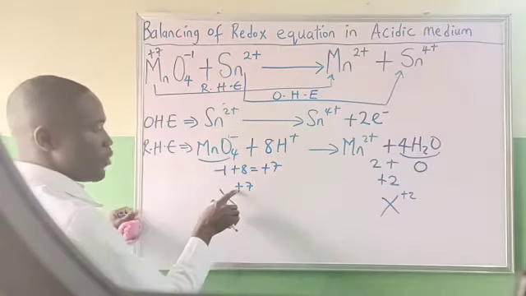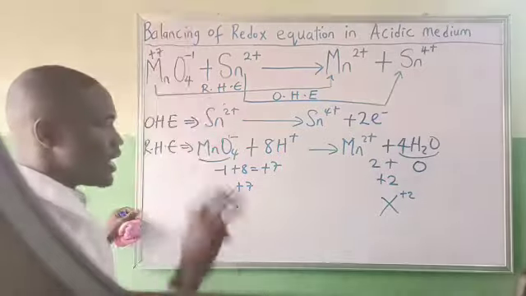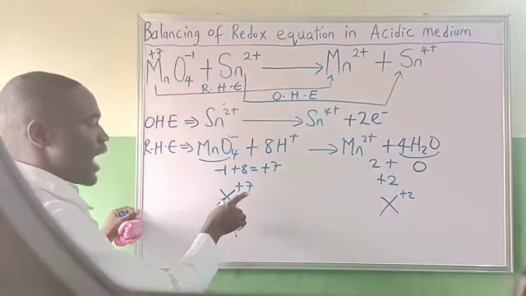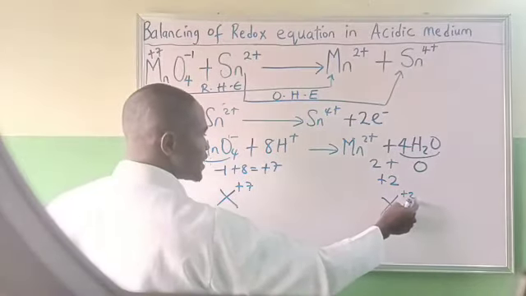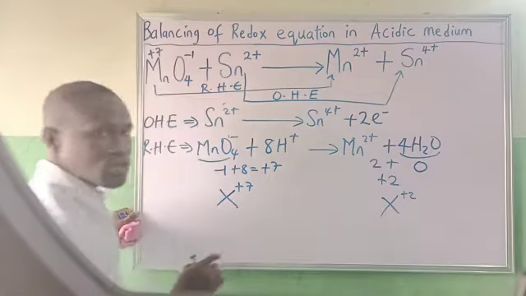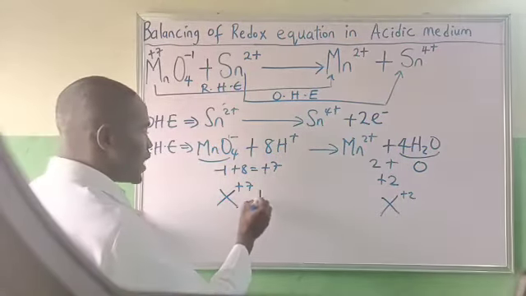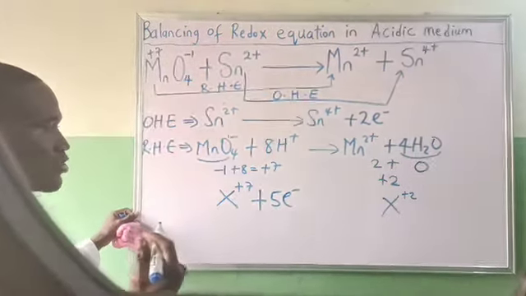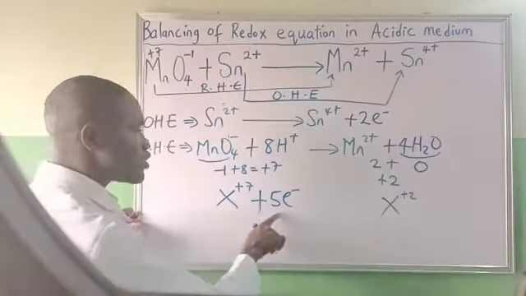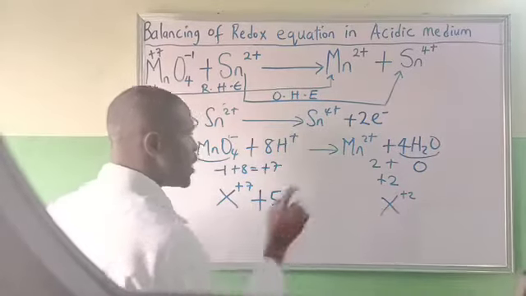Plus 7 means it lost 7 electrons. So, how many electrons is it to collect so that it is now losing only 2 electrons? That means it has to collect 5 electrons. It has to gain 5 electrons. Once it gains 5 electrons, it will now be losing only 2 electrons.